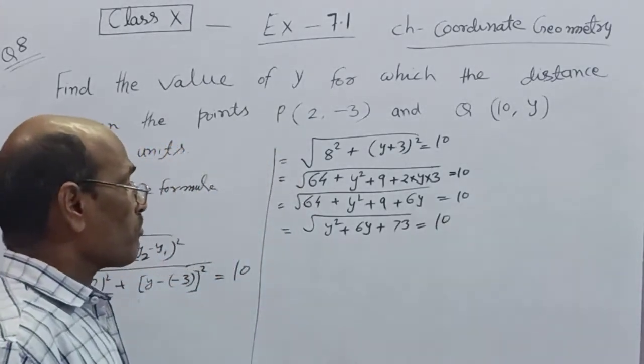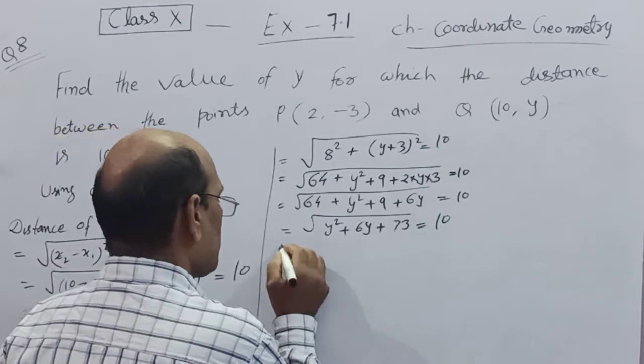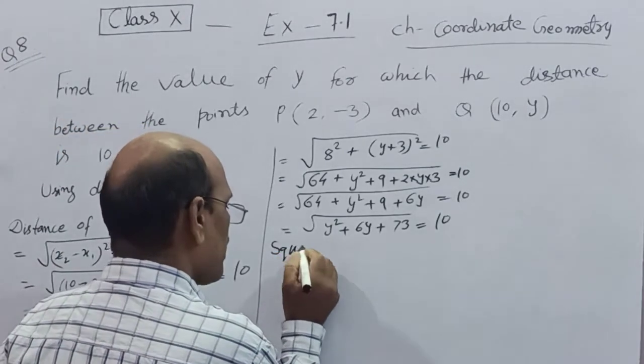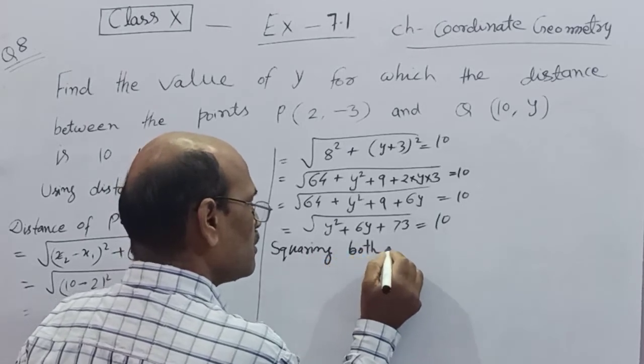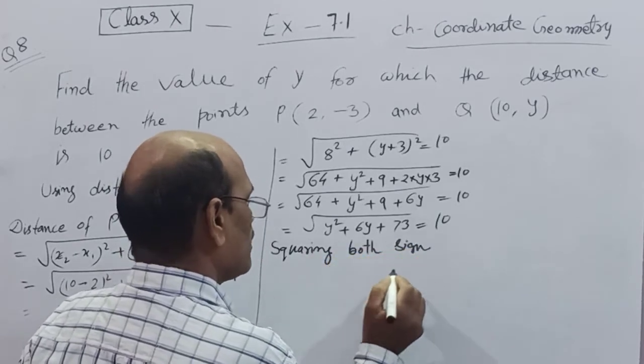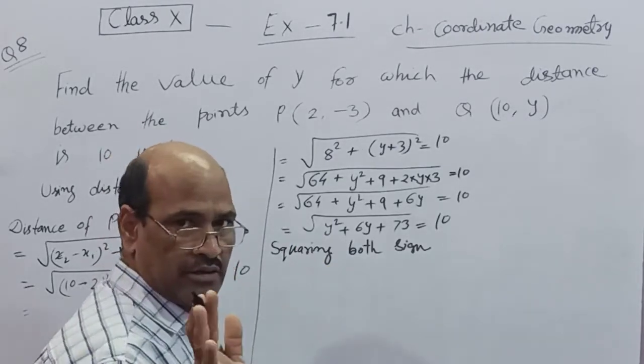And then we have to remove the root sign. Therefore, squaring both sides, the square and the root cancel.